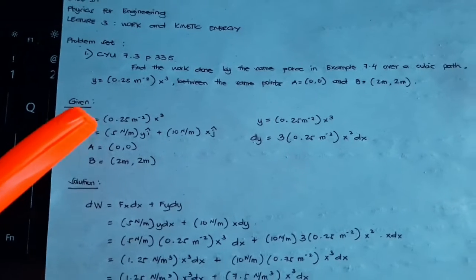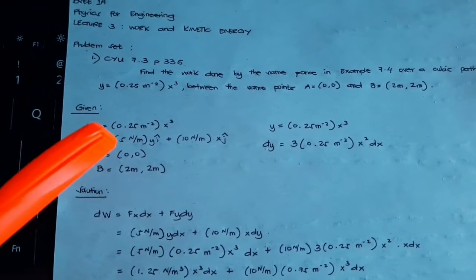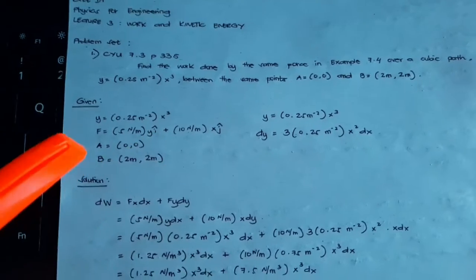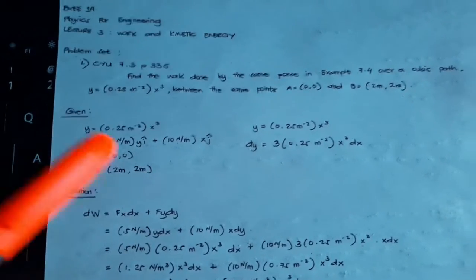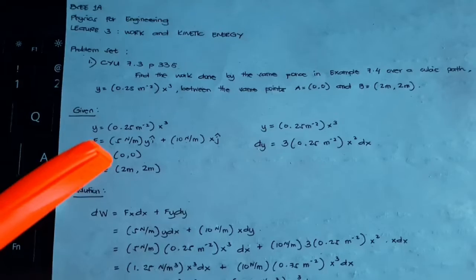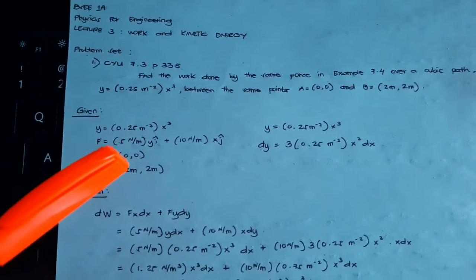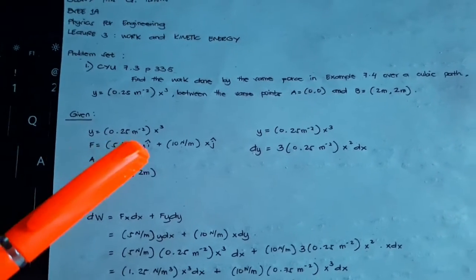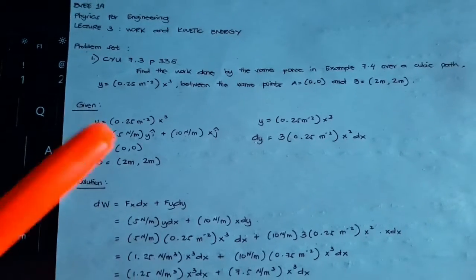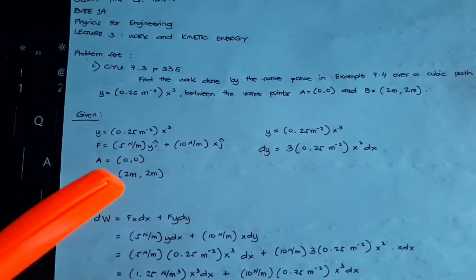y is equal to 0.25 meter raised to the negative 2 power times x cubed. Then our force is 5 Newton per meter plus 10 Newton per meter. Our A, which is also given, is 0 and 0.